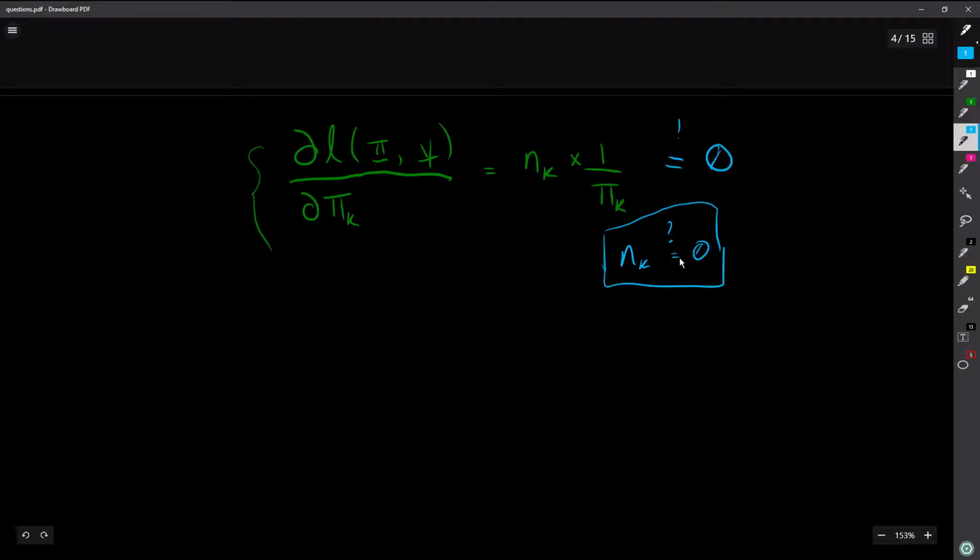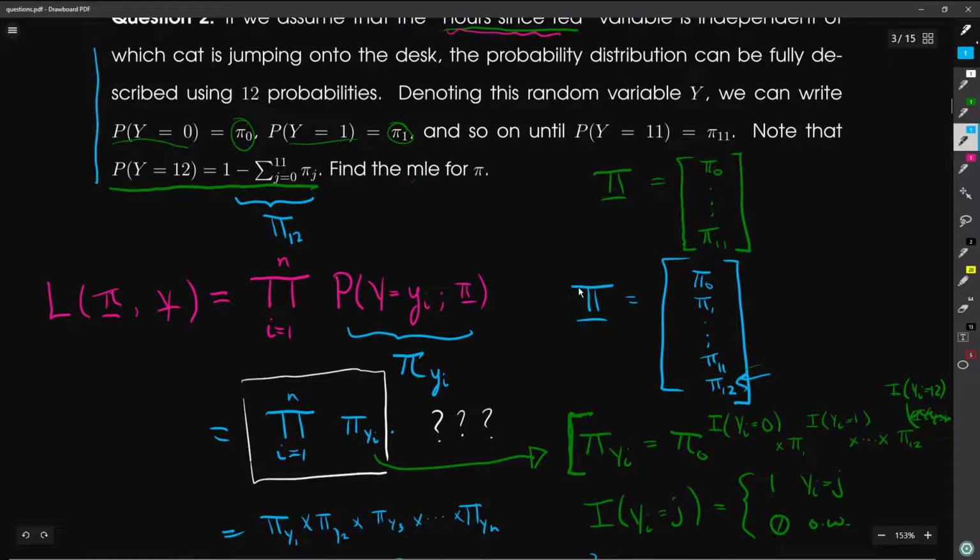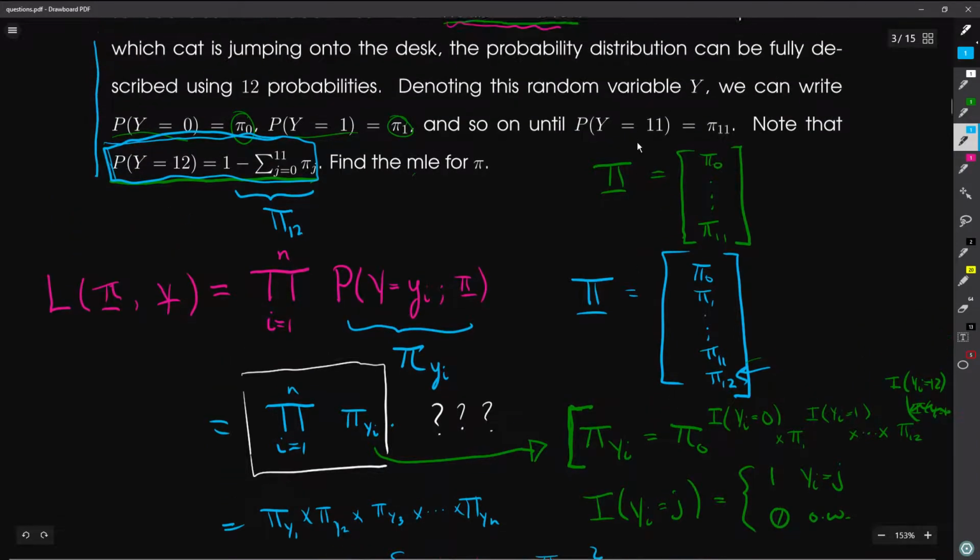Why doesn't this work? Well, remember up at the start, we were talking about redefining this vector to be up to pi 12 here, right? And so we actually know that there's only 11 uniquely defined pi's, and that pi 12 has to follow this relationship here. And so we essentially have too many parameters in our model now.